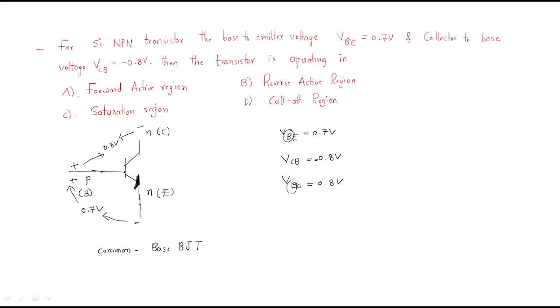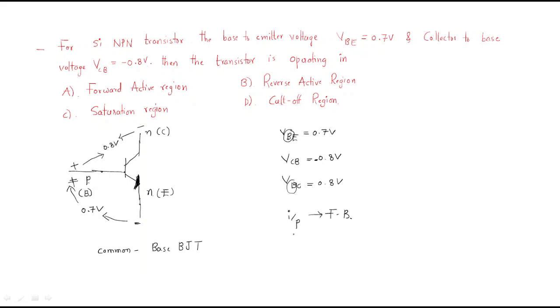Look here, for the input side, for P we are giving positive and for N we are giving negative. So the input is forward biased. What about the output? You can take the collector here. For the collector, which is N, we will take the negative.